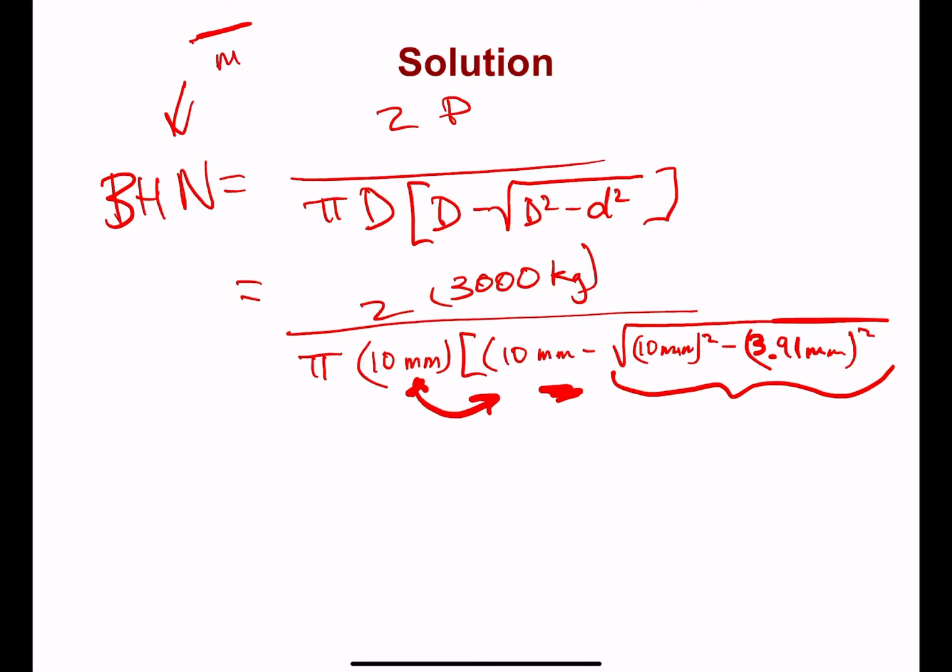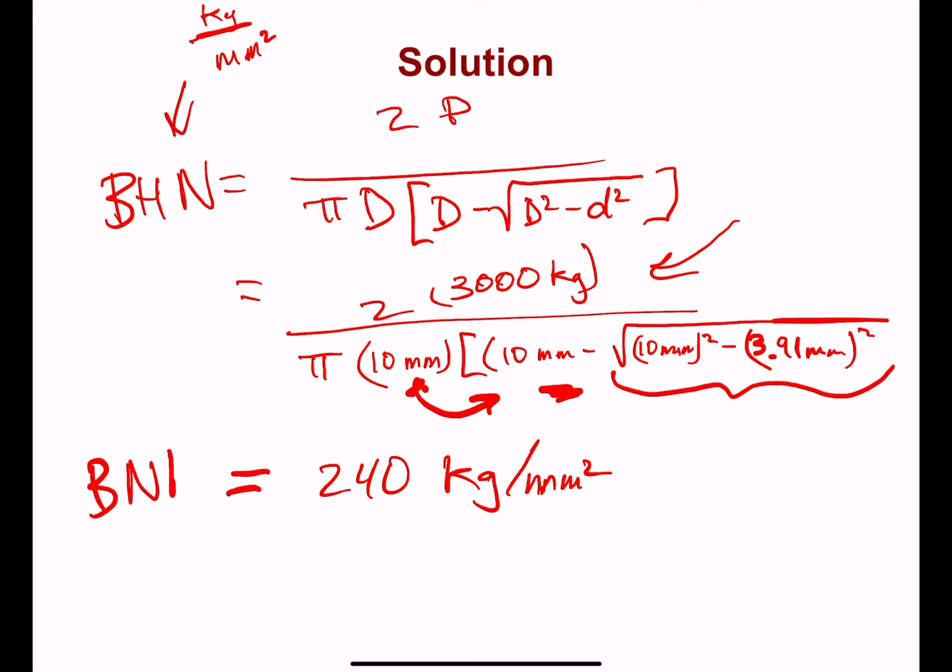Our numerator is the equivalent force, so that's the kilograms. After doing this, you should get about 240 kilograms per millimeter squared as your BHN value for this alloy.